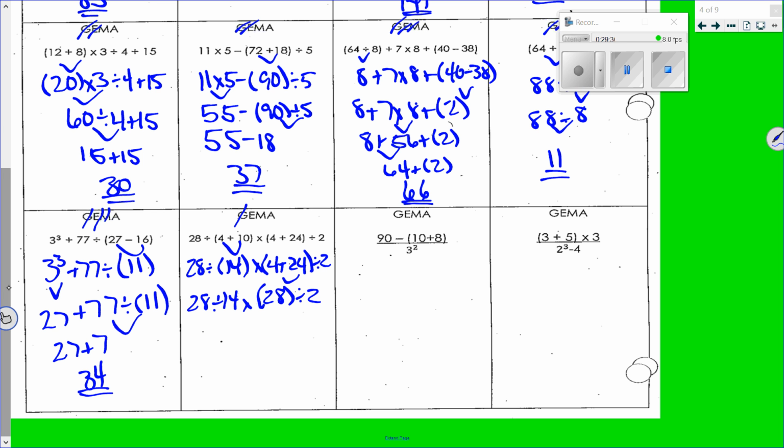No more groupings. I don't have any exponents. So now multiplying, dividing goes left to right. That's all we have, so that's literally all we're going to do is one piece at a time. 28 divided by 14 gives me 2 times 28 divided by 2. 2 times 28 is 56 divided by 2. 56 divided by 2 gets us back where we started there at 28.